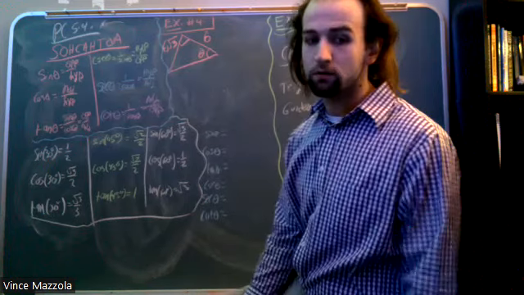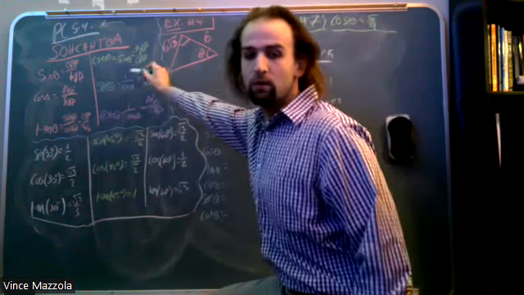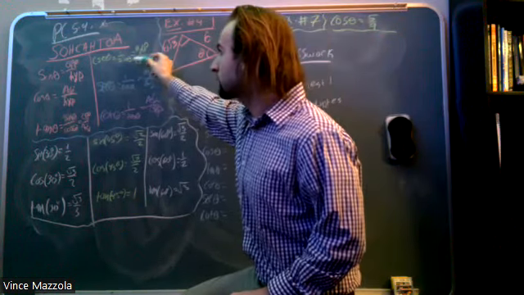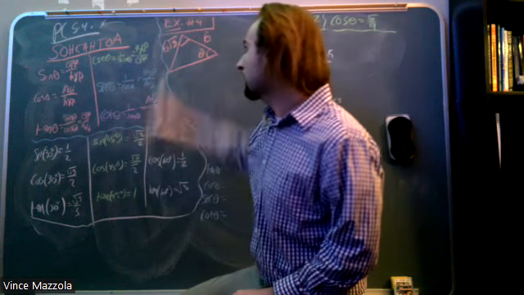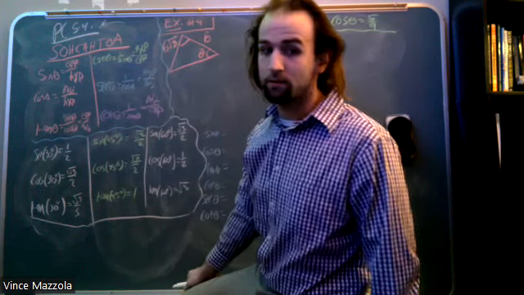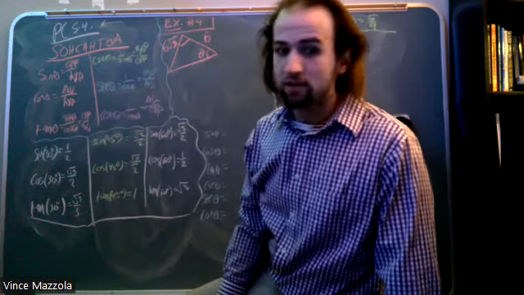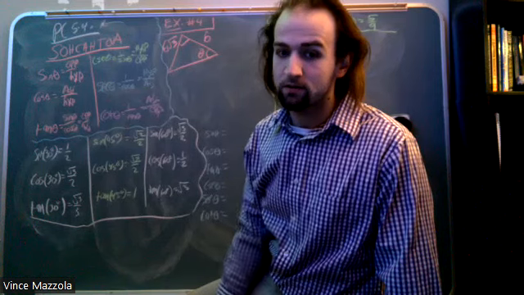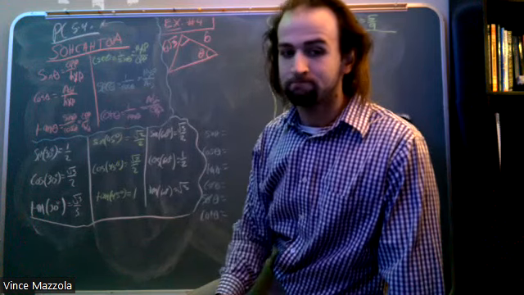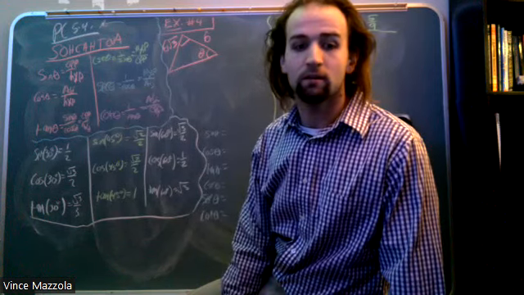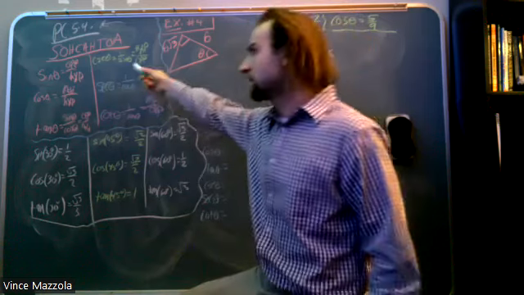But then you've got 3 other ones. You've got cosecant, which is the reciprocal function for sine. That's going to be 1 over sine, which is hypotenuse over opposite. Remember, reciprocals just flip your fraction. Now, why is cosecant with sine instead of cosine? That's so confusing. The reason is calculus, and I don't want to get into it, so just take my word for it.